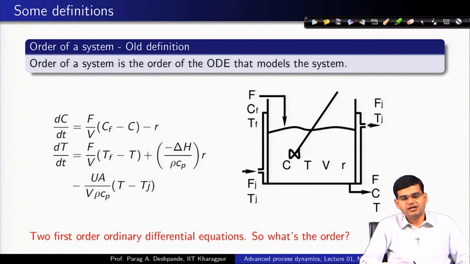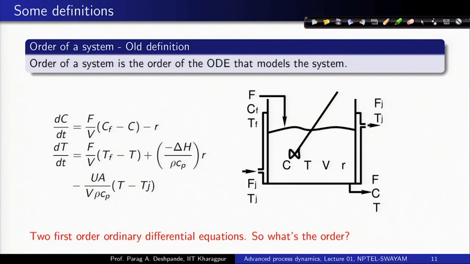But now we have a problem. What you see here is that for the case of a CSTR, you have two equations and each equation is a first order equation. And if such is the case that you have two first order ordinary differential equations, then what is the order of the system?